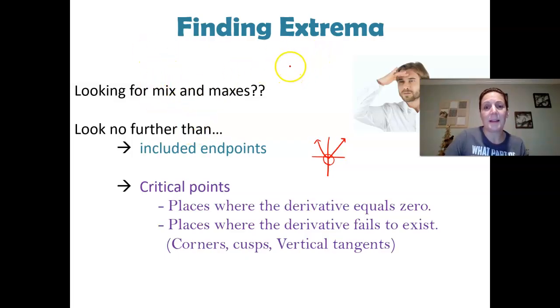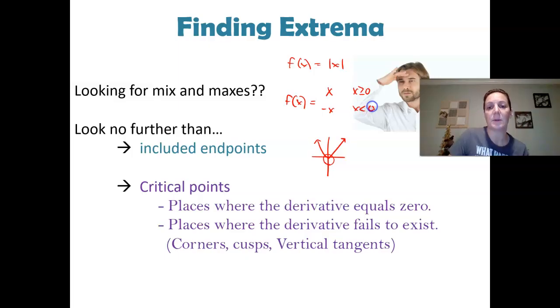If I wanted to write f of x, the absolute value of x, as a piecewise function, which I know you love to do, I would say, well, that function is x as long as x is greater than or equal to 0, but that function is negative x if x is less than 0. We'll take the derivative of that, and you get 1 and negative 1.